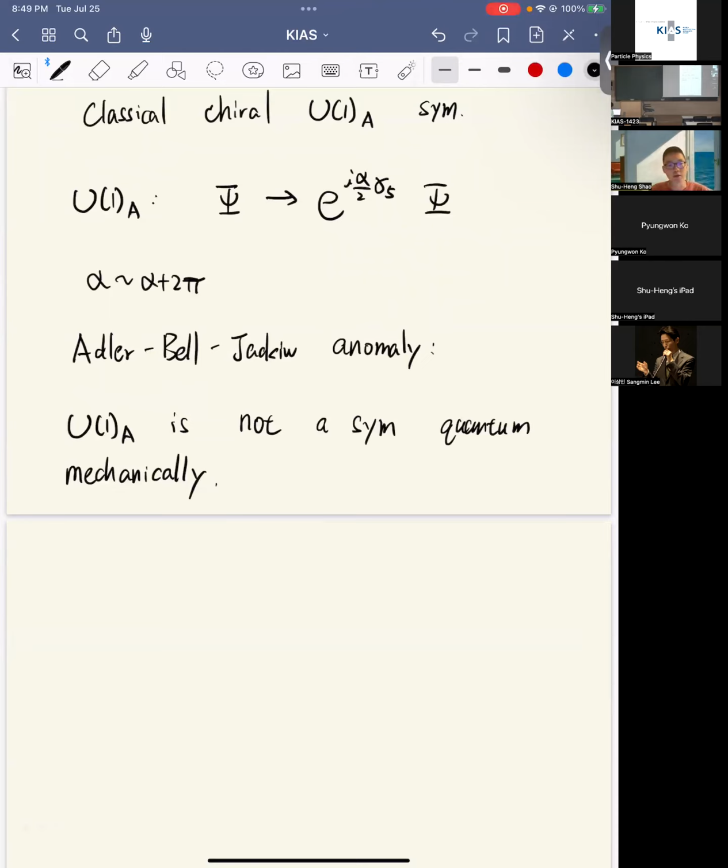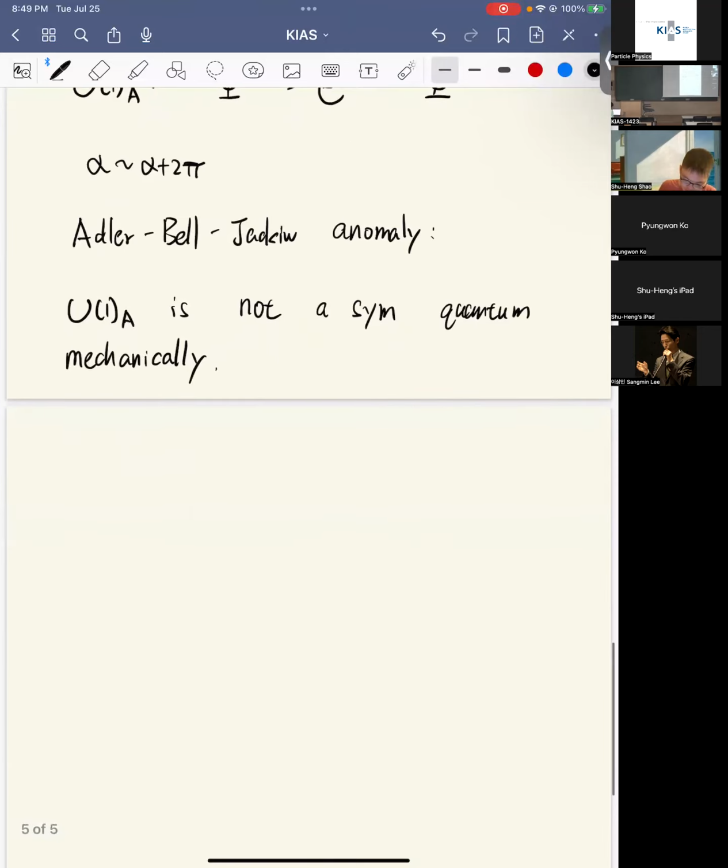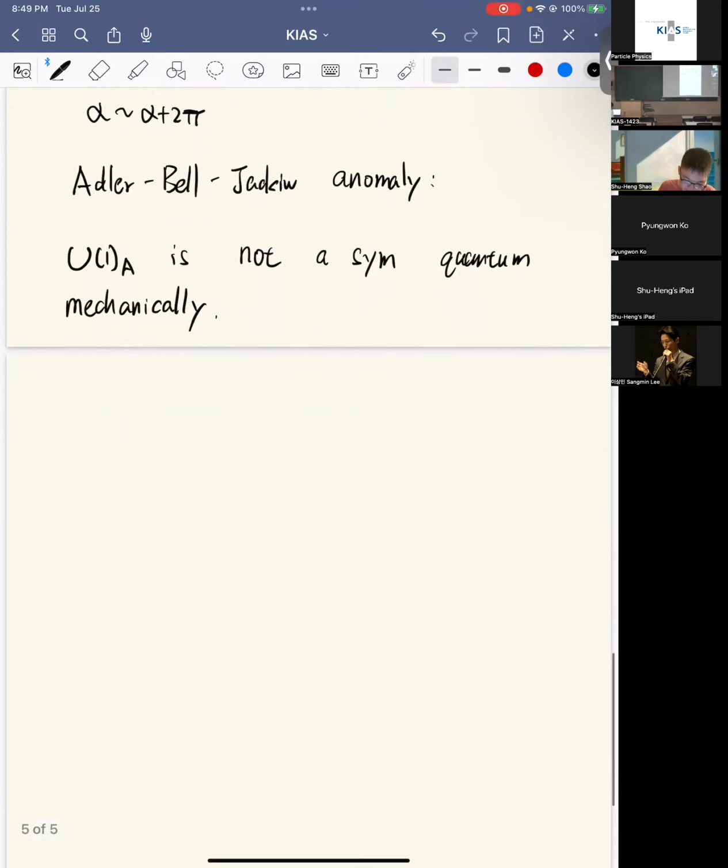I'll say a little bit more on exactly in what sense it is not a symmetry in the traditional sense. And the history was that at that time, people were confused. So this was in 1969. In 1969, people were confused about the problem of neutral pion decay.